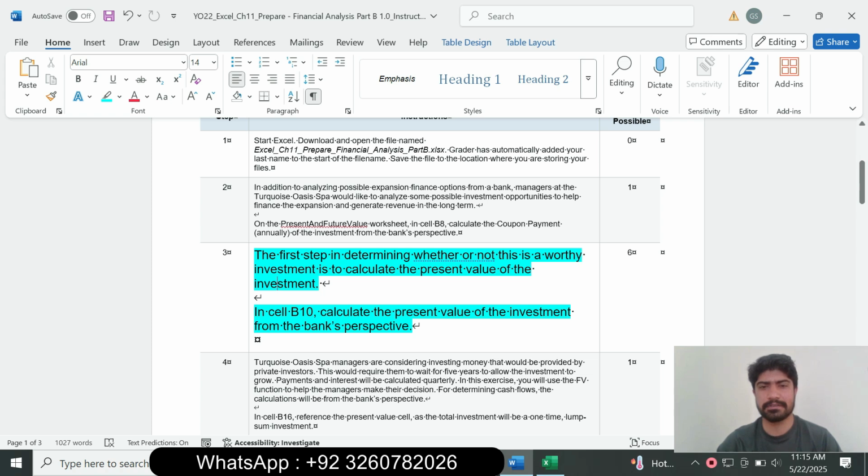Question number three is: the first step, determine whether or not the investment is worthy, is to calculate the present value of the investment. In cell B10, calculate the present value of the investment from the bank perspective.